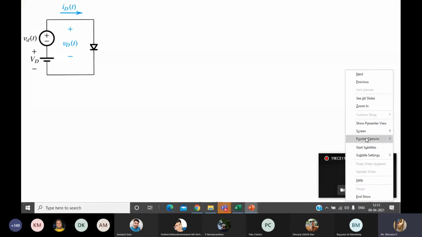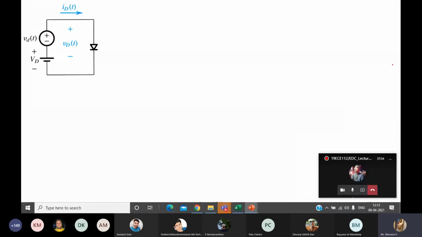So, derivation, important one. Listen to the class. Take down small signal model. You may draw the circuit diagram.